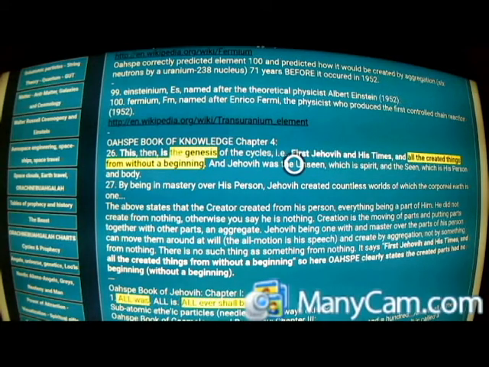And Jehovah was the unseen, which is spirit, and the seen, which is his person and body. Verse 27. By being in mastery over his person or body, Jehovah created countless worlds, of which the corporal earth is one.